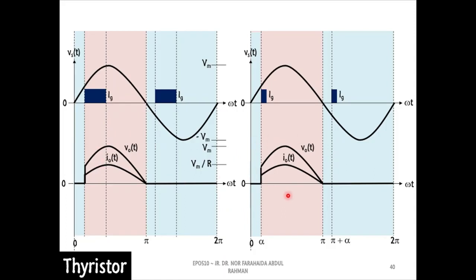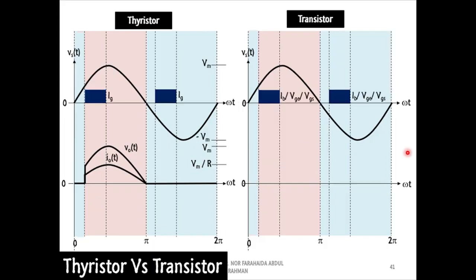Hence, the width of the gate signal does not affect the thyristor's operation. Based on these waveforms, we can say that the operation of thyristors only depends on the starting time of the gate signal. The last power switches to be discussed are transistors.